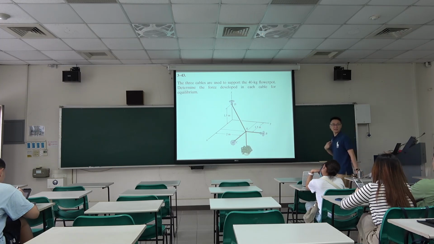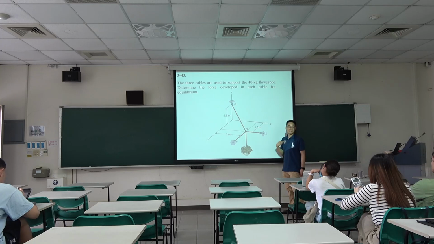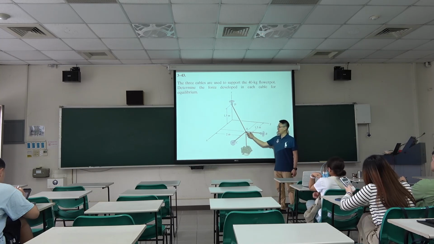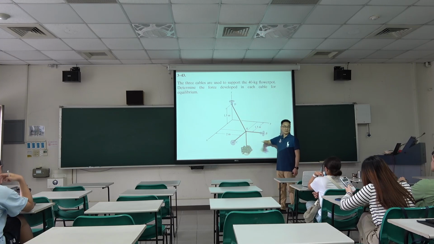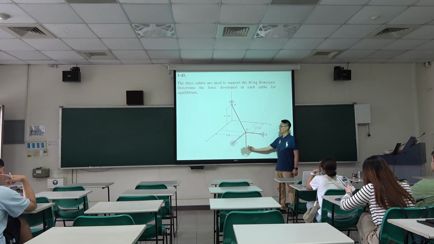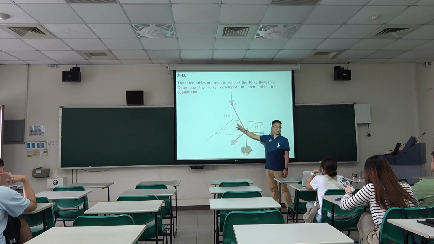Personally, if I solve this question, I will use my observation first. The weight is downward. AB and AC are horizontal, so neither provides support to this because it is vertical. So the vertical support comes from this one.